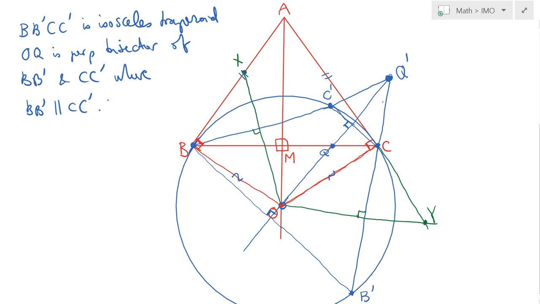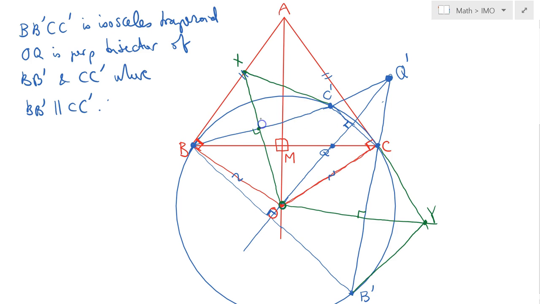So notice that if you consider the triangle BXC prime, and if you consider triangle B prime YC, we have quite a few interesting features. Because O is the center of the circle with radius OB, dropping an altitude to the chord BC prime, it would bisect.